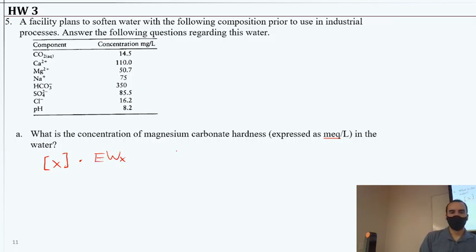Because that's moles per liter times milligrams per milliequivalent. Of course, we have moles here. We actually need millimoles, so we would need 1,000 millimoles per mole, right?